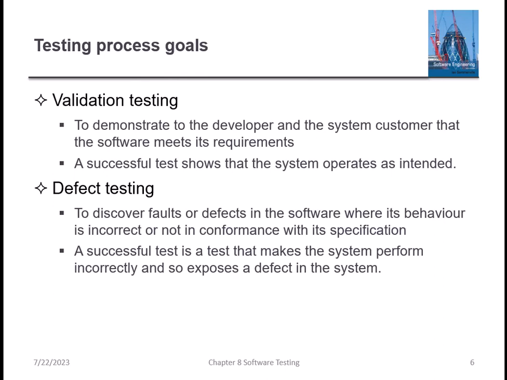A successful test is one that makes the system perform incorrectly and so exposes a defect. This means a successful test explores the system more and more. If the system performs badly, this means the test is successful.